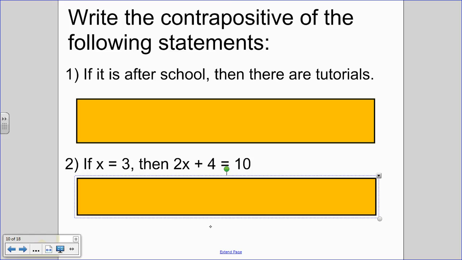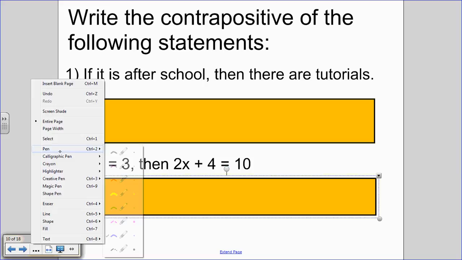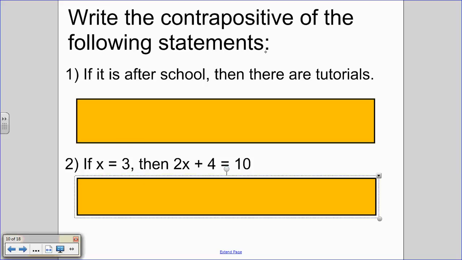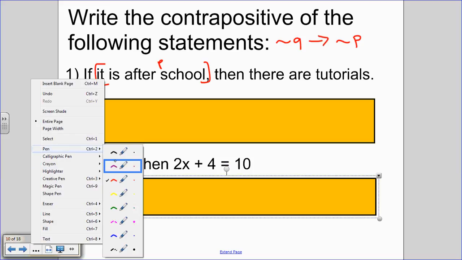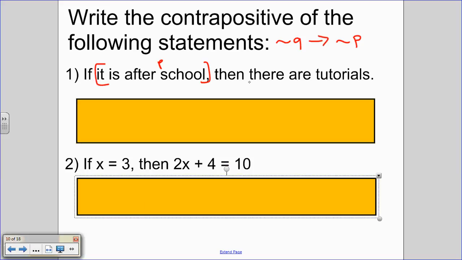To write a contrapositive, it was the statement where we said not Q, then not P. So in the original sentence, P, on number 1, is it is after school. Q is there are tutorials.